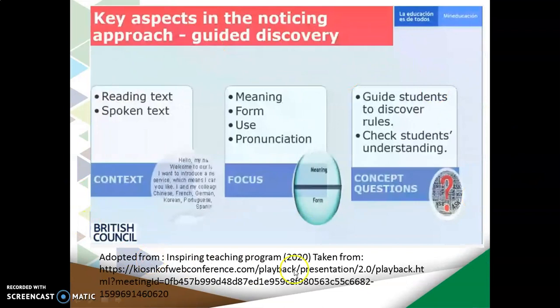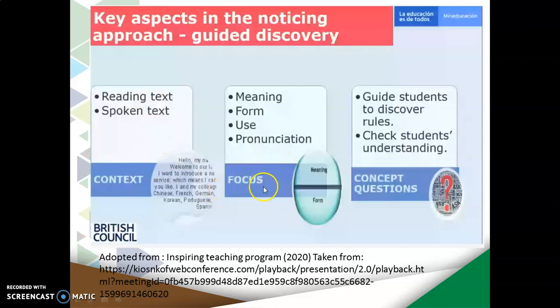So how are we going to work with this noticing approach and guided discovery? First, we need to provide a context, which in this case can be a reading text or a spoken text, at the beginning of the class. We try to connect the piece of language that we are going to provide as the input, creating a contextualization of this piece of information.